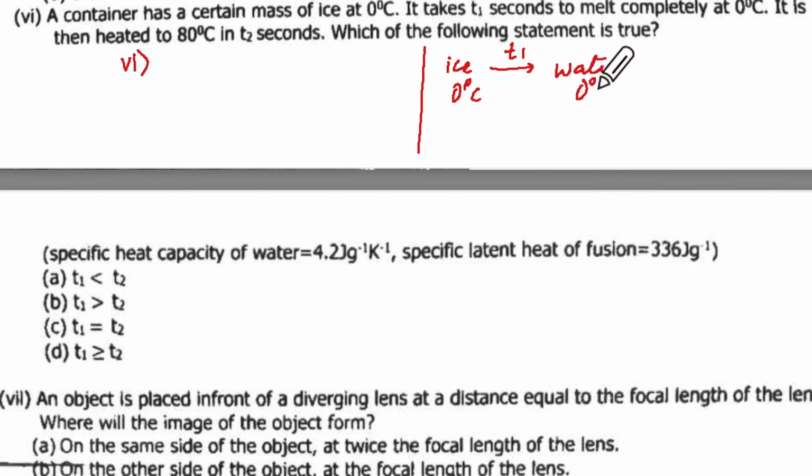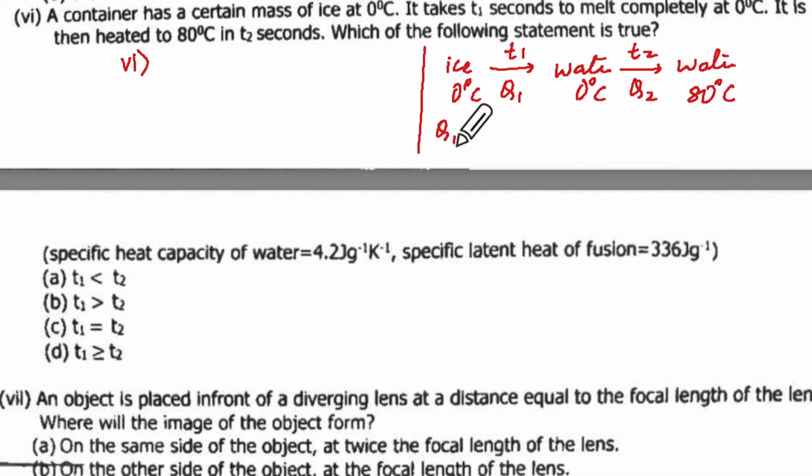Completely melt means it becomes this, and then we are heating it to make it water at 80 degrees C, and this takes T2 seconds. Alright, now this will be heat Q1 and this will be heat Q2, correct?